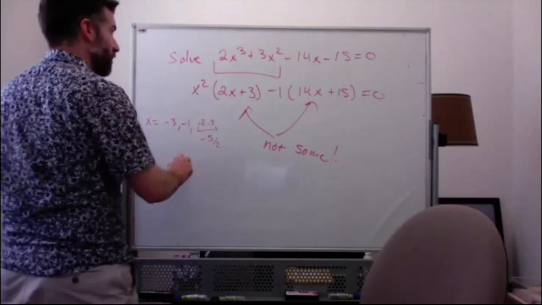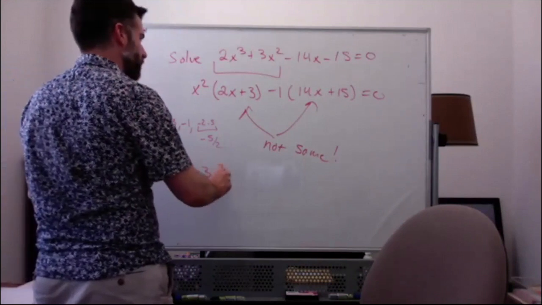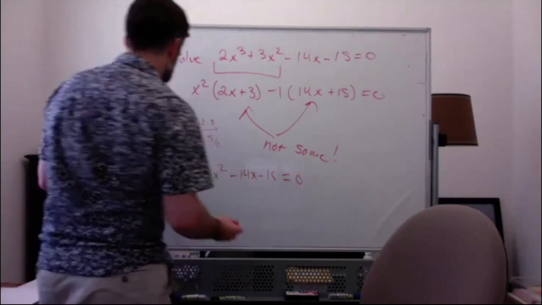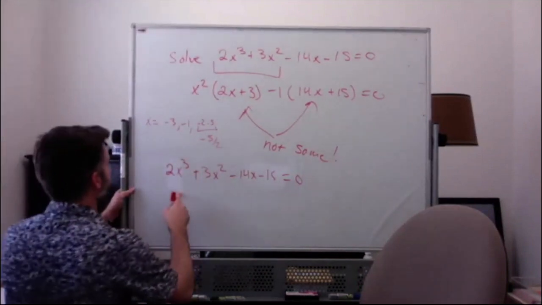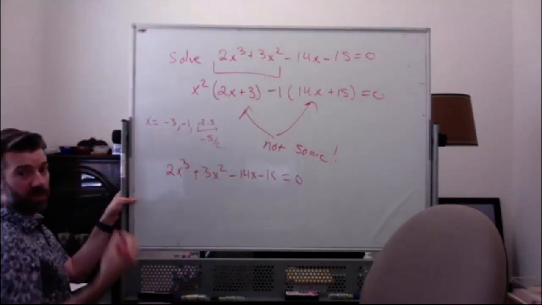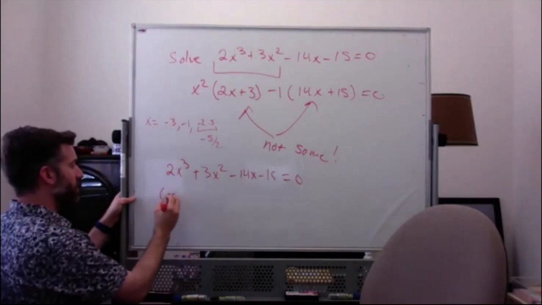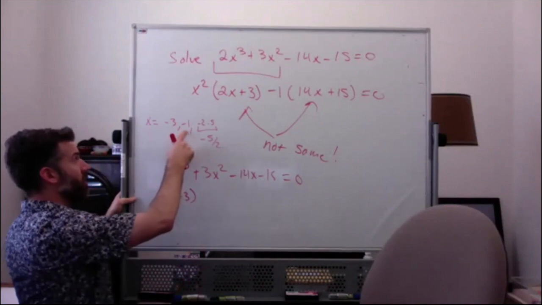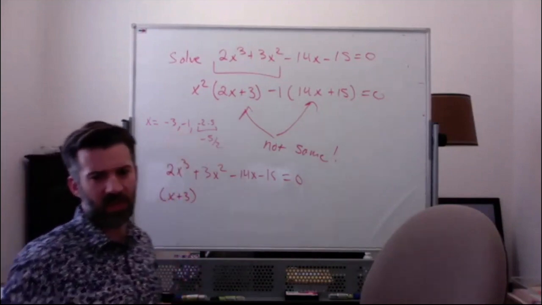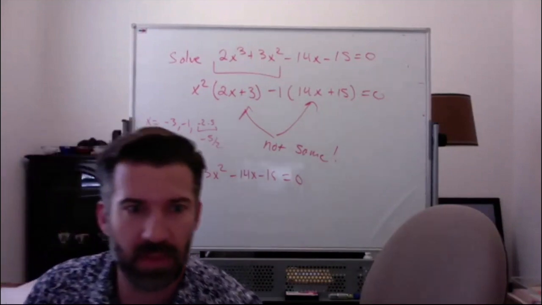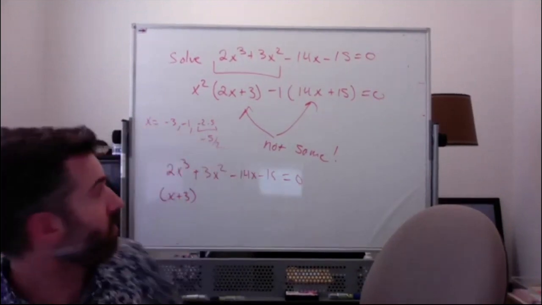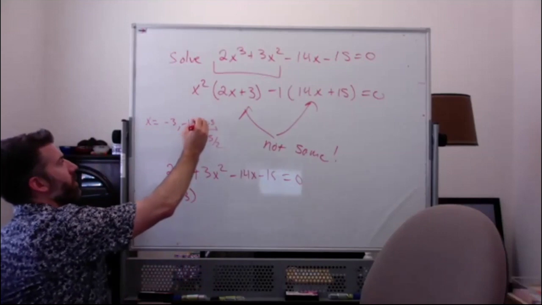So 2x cubed plus 3x squared minus 14x minus 15 equal to 0 would have to factor as follows. If -3 is a solution, x plus 3 has to be a factor. I actually wrote one down negative; let me double check here. Oh yeah, it was positive 2.5, not negative 2.5.